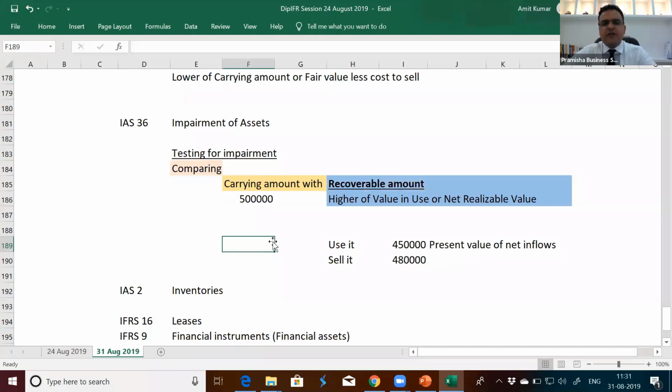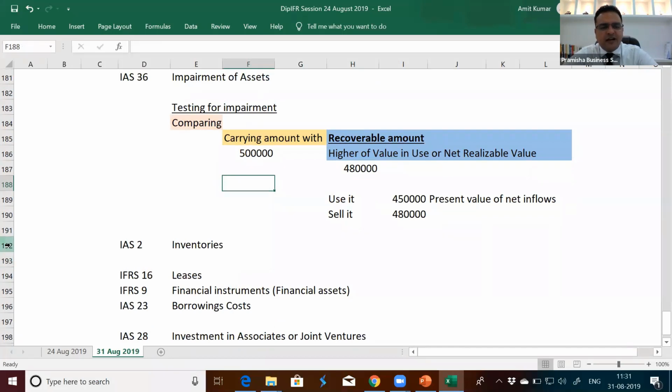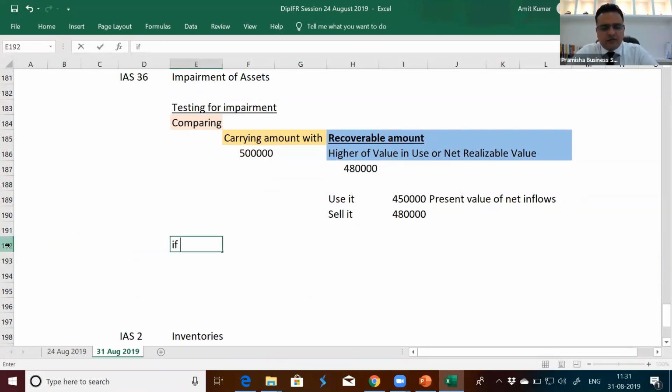So when we are testing for impairment, we are comparing the carrying amount with the recoverable amount, and from the recoverable amount we got to know that recoverable amount is 4,80,000. When we compare, if the carrying amount is higher than the recoverable amount, is the asset impaired?